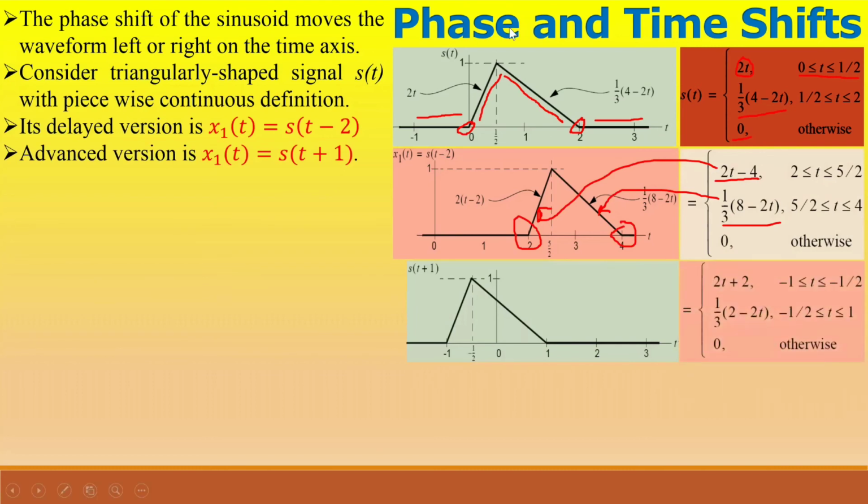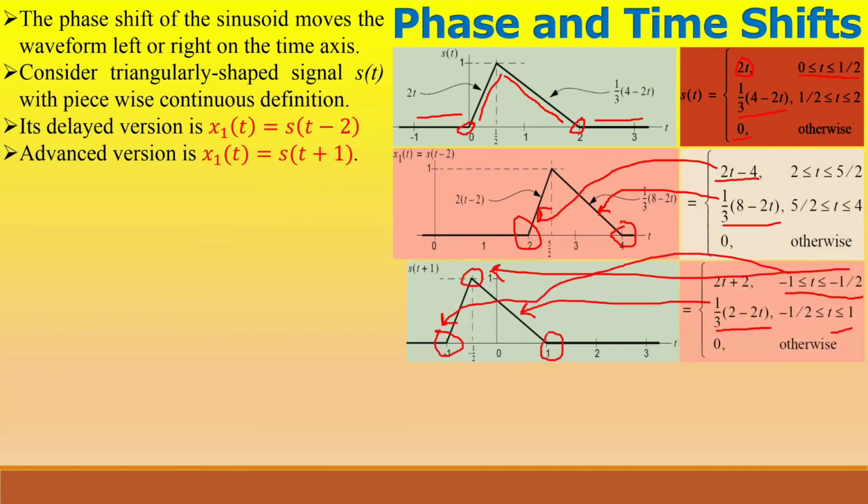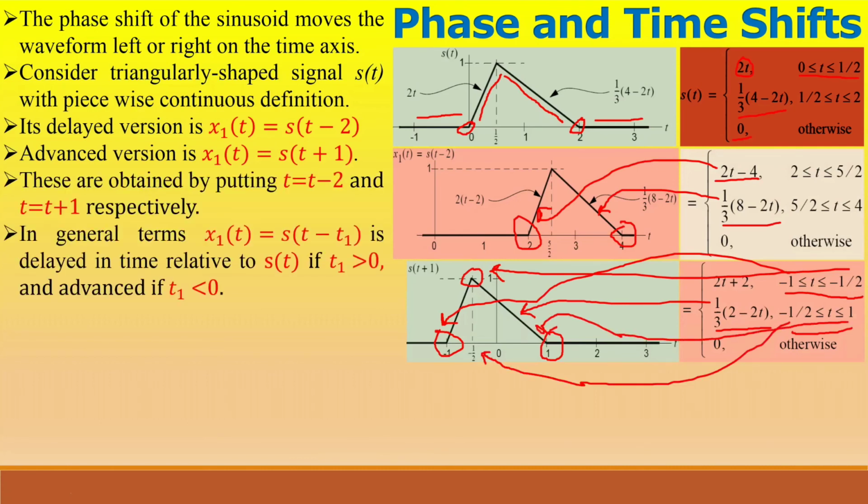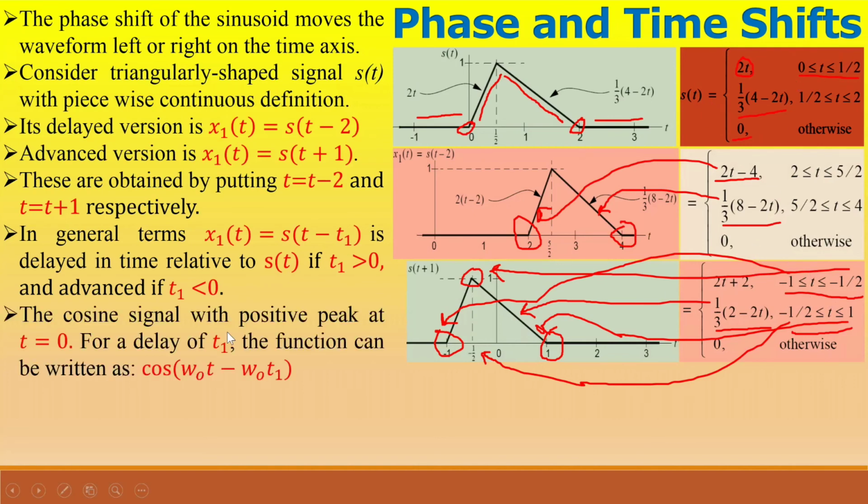These are obtained by putting t equals t minus 2 and t equals t plus 1, respectively. Please see how the start and end of the signals are shifted. In general terms x1 of t equals s of t minus t1 is delayed in time relative to s of t if t1 is greater than 0, and advanced if t1 is less than 0.